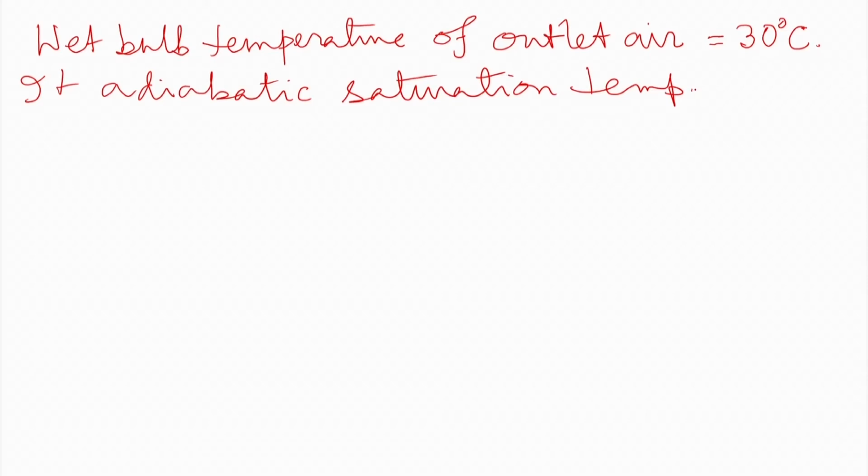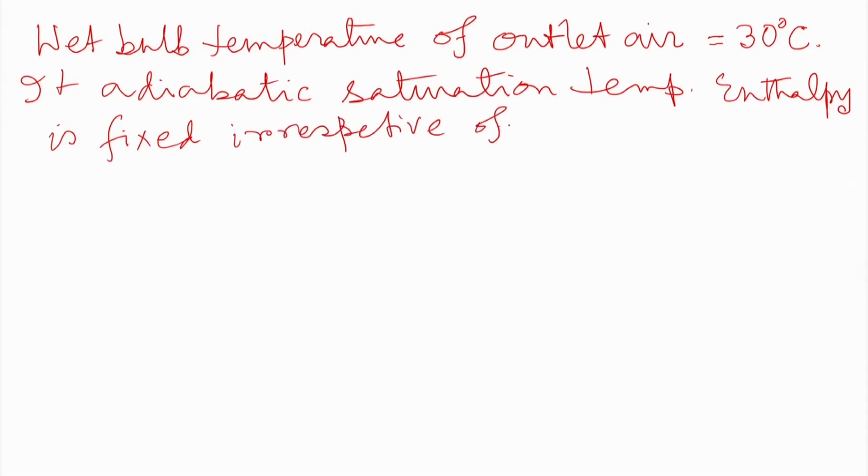So, in that case, as it is the adiabatic saturation temperature, whatever the enthalpy value is, that is actually fixed. The enthalpy is now fixed at this condition, irrespective of the temperature.